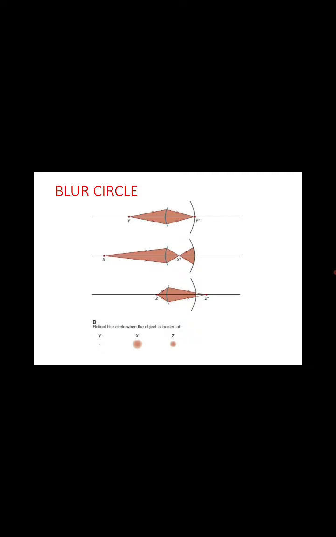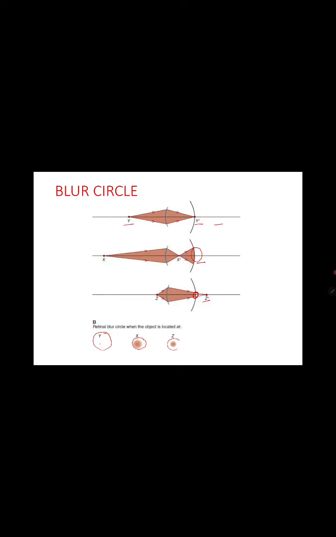When the object is clearly focused on the retina, the retinal blur circle of the object is a point. When the object is focused before the retina, the blur circle is larger. This is the hyperopic case, this is the myopic case, and this is the emmetropic case.